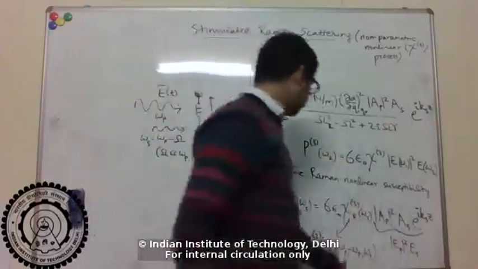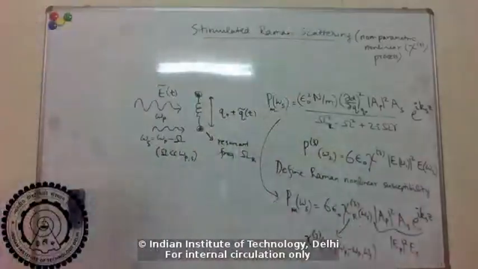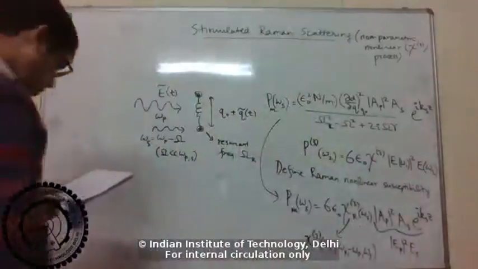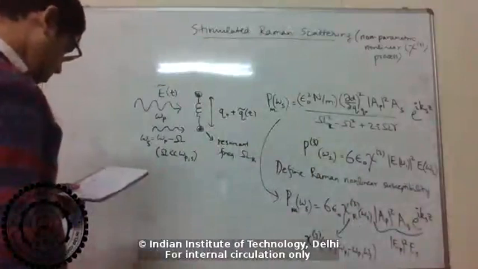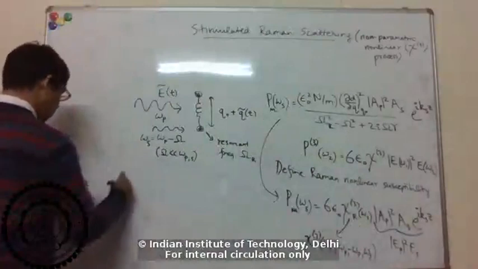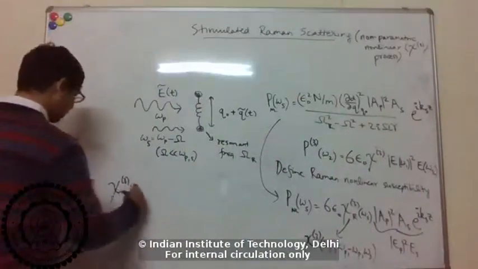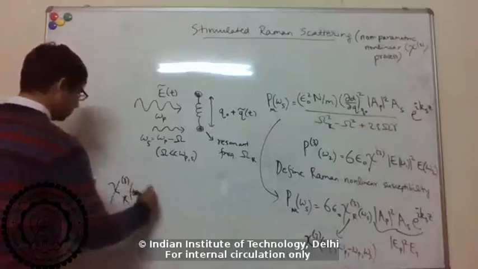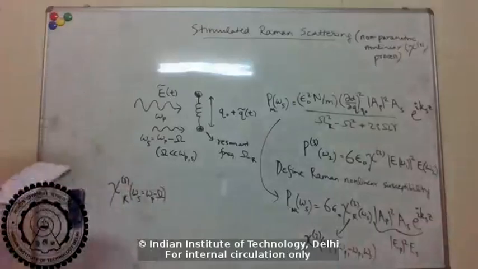Just like similar to a cross-phase modulation term. Okay, so from here I can write chi3 Raman at omega s, which is the same as omega p minus this detuning.